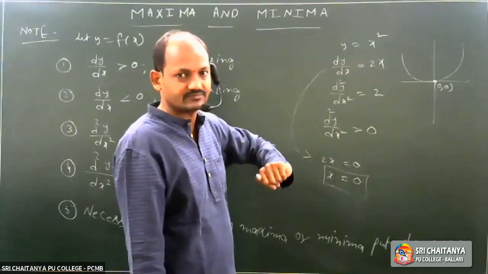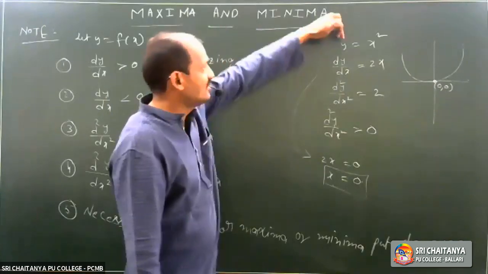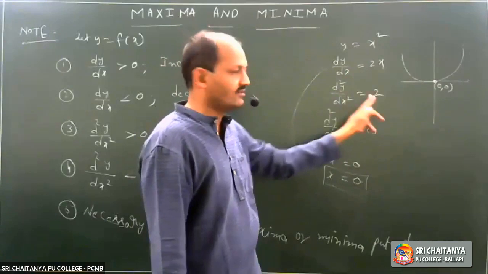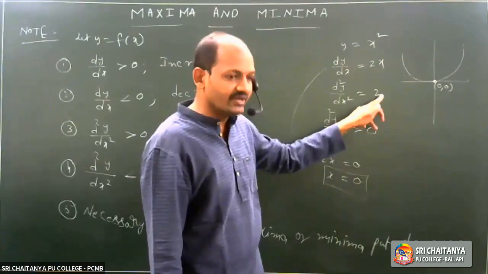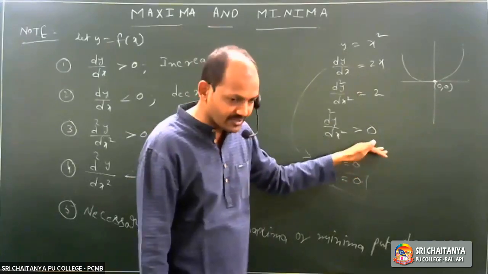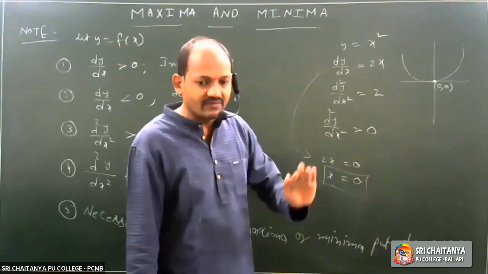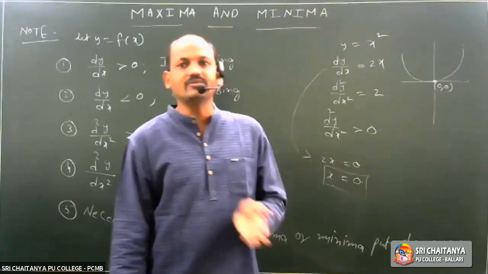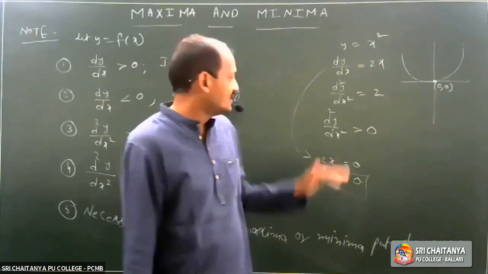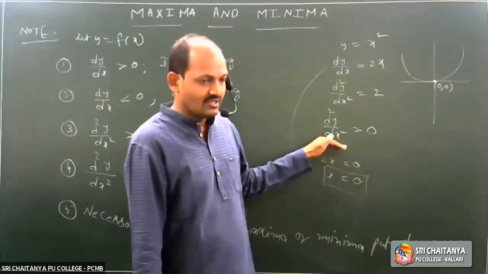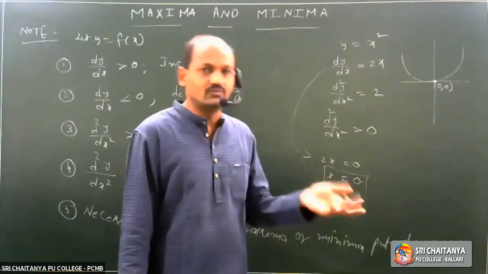Therefore, it has a minimum value at x equal to 0, which is 0. Okay, now listen once again. y equal to x square curve. First derivative 2x, second derivative positive, so it is decided to be a minimum. Second derivative alone decides: positive means minimum, negative means maximum. Then how to find the minimum value?